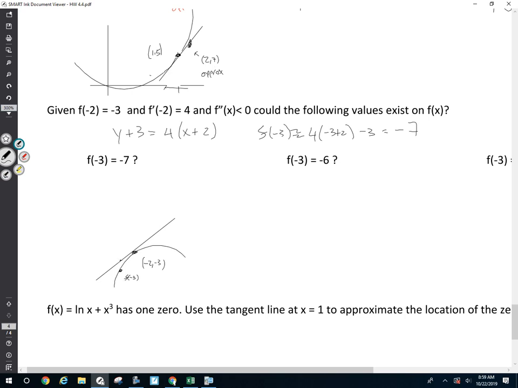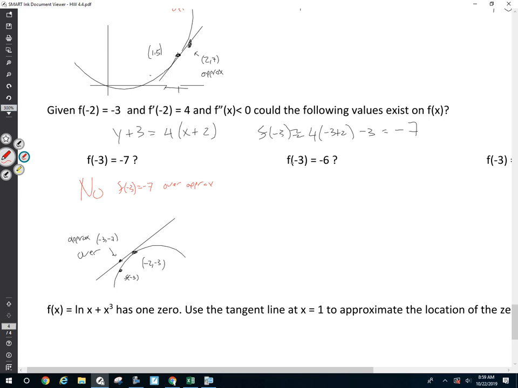So my approximation, which is (-3, -7), is over. Since my second derivative is negative, could (-3, -7) be the actual? The answer is no, because f of -3 equals -7 is an over approximation.